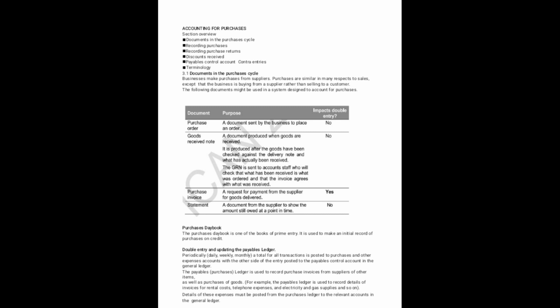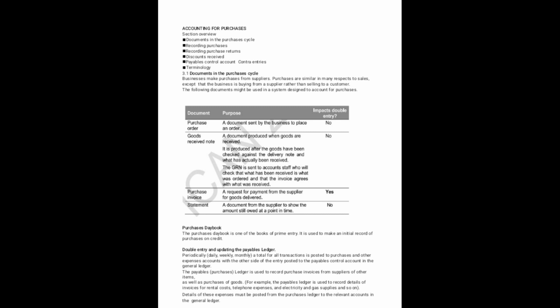The GRN is sent to accounts staff who will check that what has been received is what was ordered and that the invoice agrees with what was received. So that is the purpose of the GRN. Now we also look at the purchases invoice.